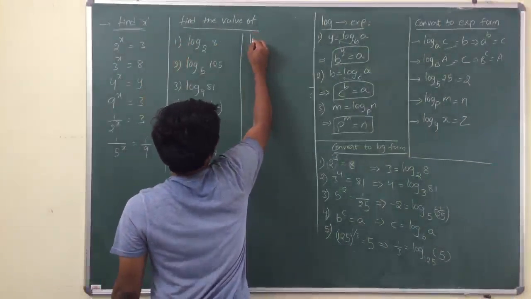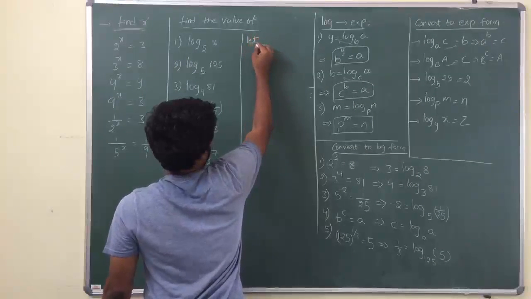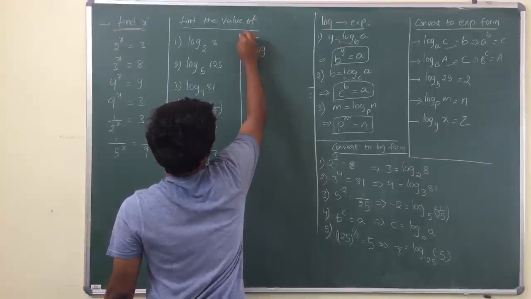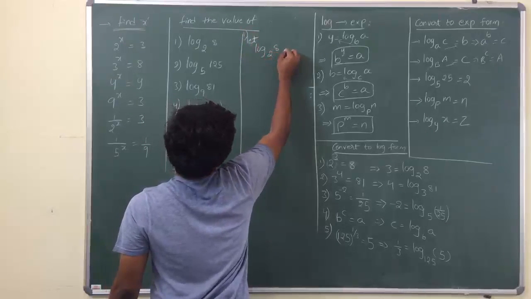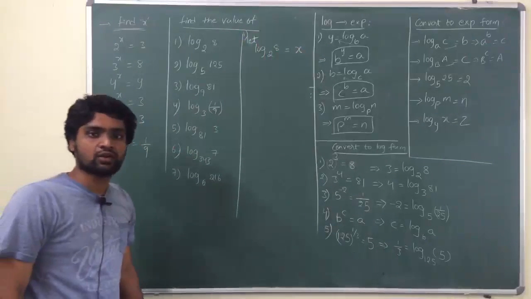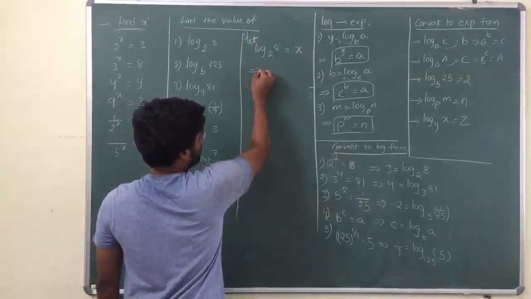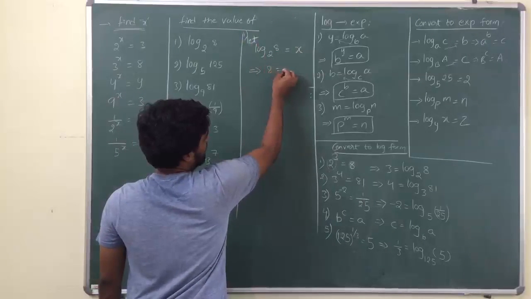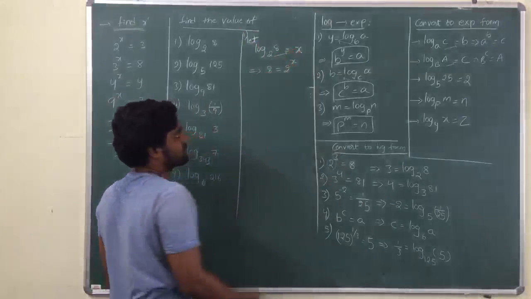How to find it? The first step: let log 8 to the base 2 be x. Now 8 is equal to 2 power x, by cross multiplication conversion.